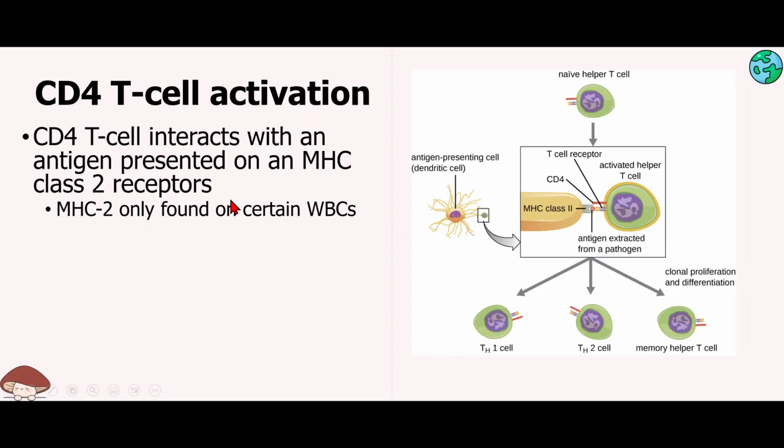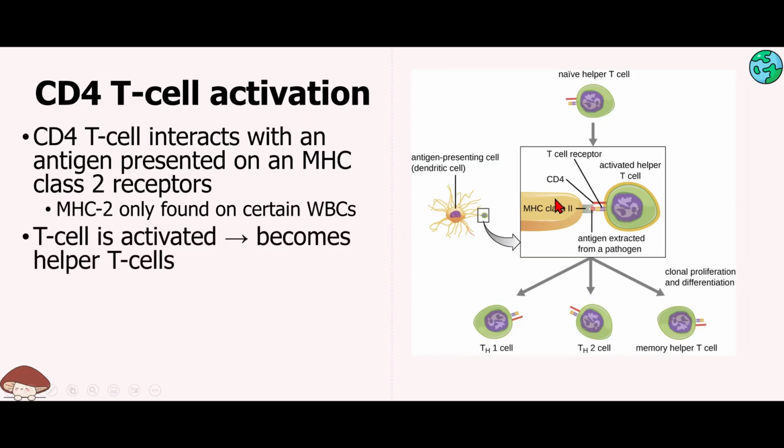Now, when I say presented, it literally means that it is showing the T cell this antigen by basically holding it in the MHC class II. It's kind of like a little hand. It's giving it to the T cell. And the T cell is going to recognize it using its T cell receptor CD4, okay?